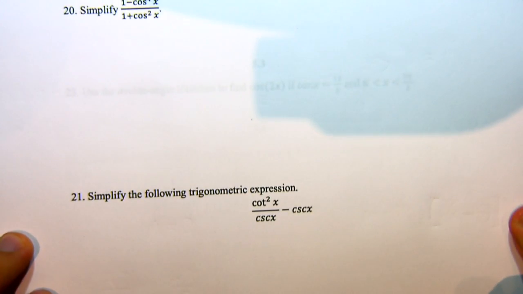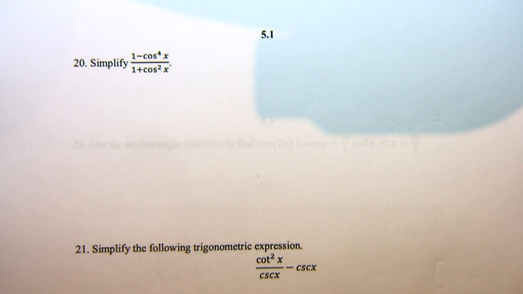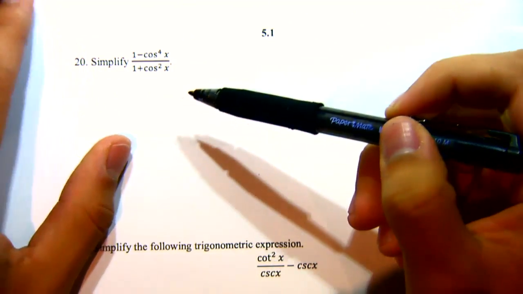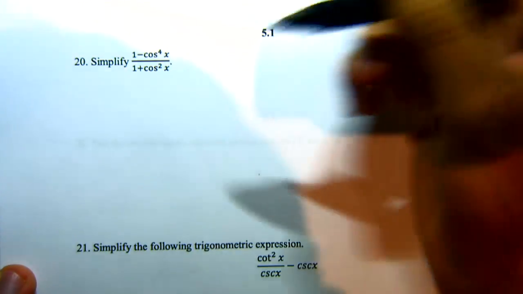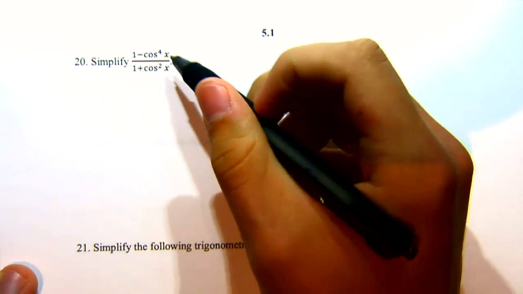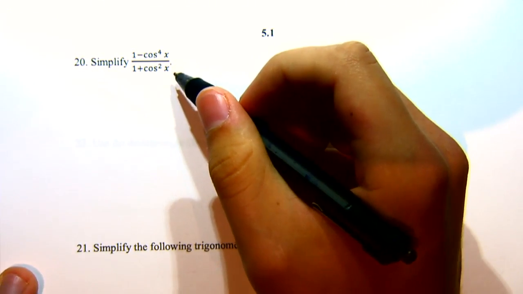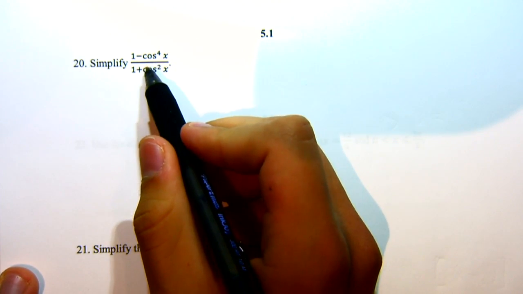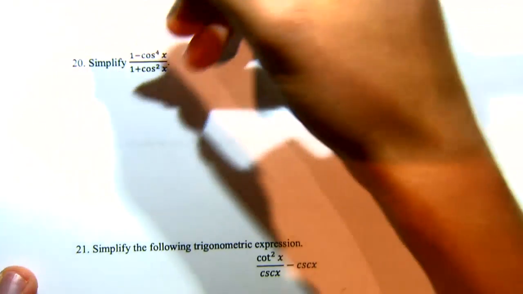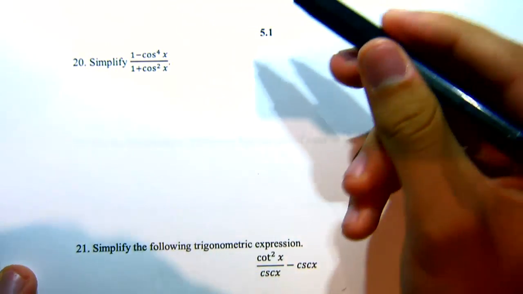Let's move on to 5.1. So simplify the following mess of trig functions. Alright, so what we want to do here is find a difference of perfect squares, right? Since this is a difference of perfect squares, we can just use our algebra knowledge to work through this problem.